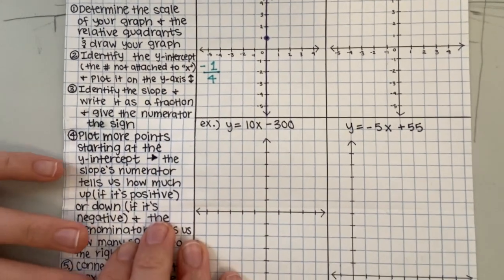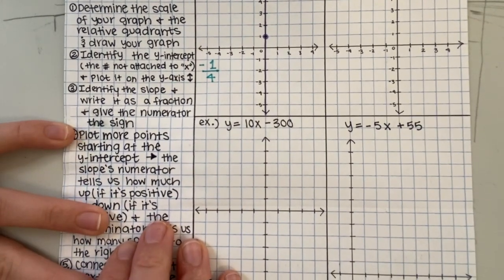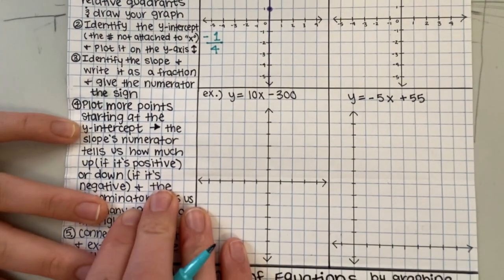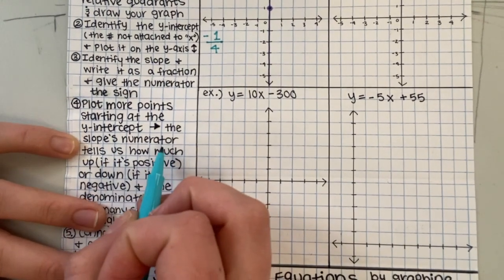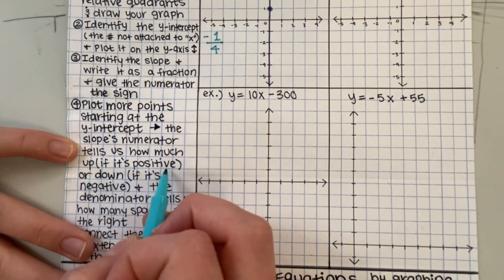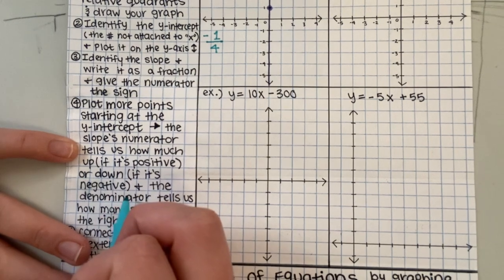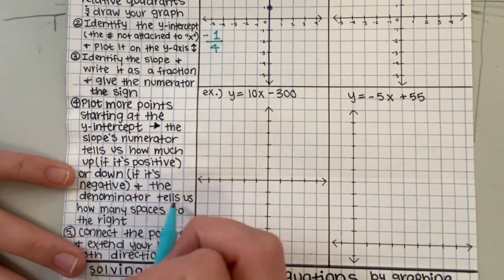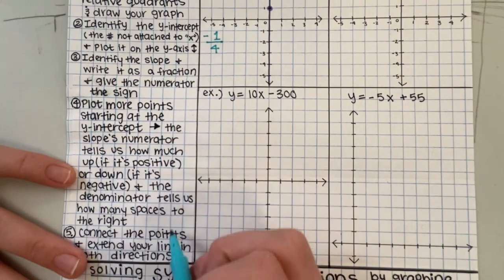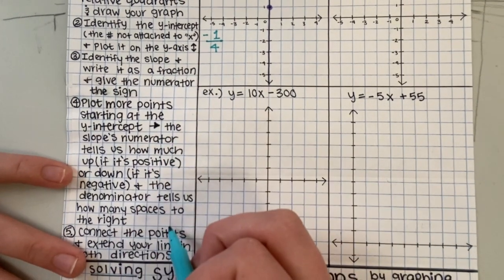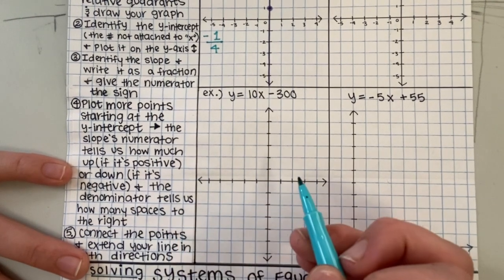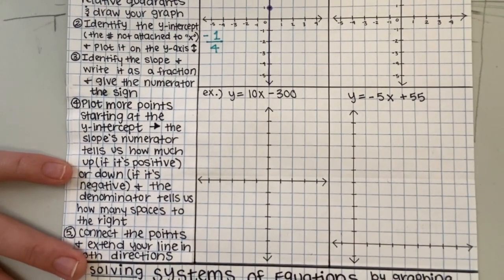Step number 4 is to plot more points starting at the y-intercept and use the slope's numerator to tell us how much up if it's a positive number or down if it's a negative number, and the denominator tells us how many spaces to the right. So this is a really lengthy step, but hopefully this helps us create the correct graph.